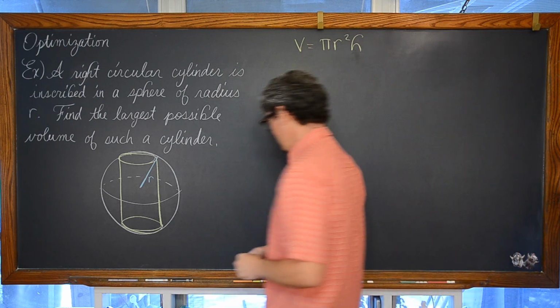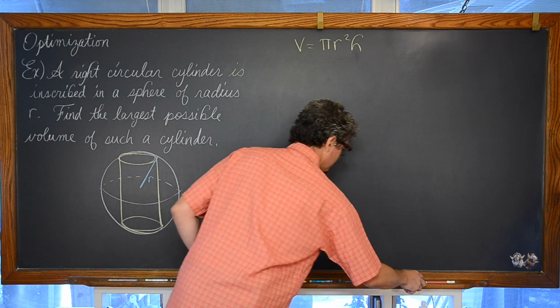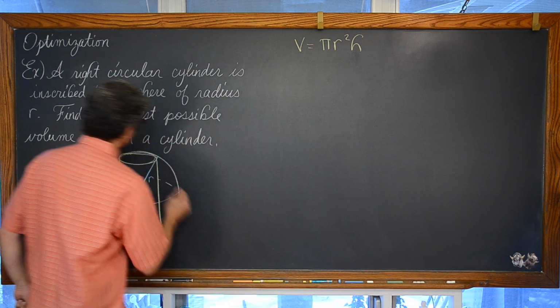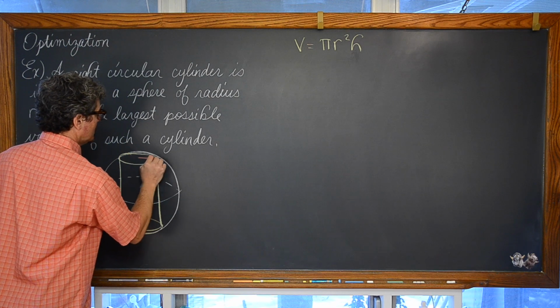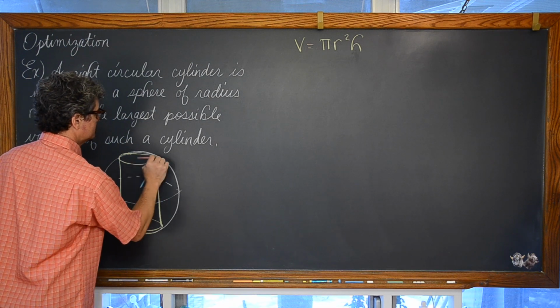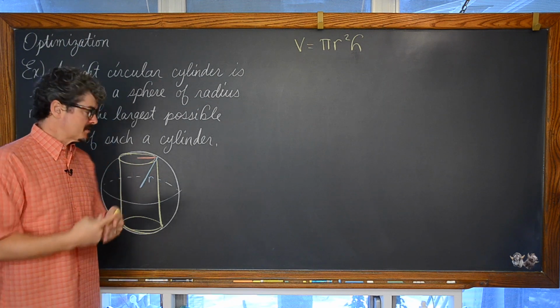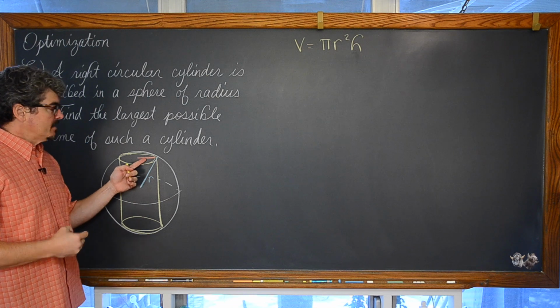Let's see, what color can I use? Green, maybe? Hopefully that shows up differently on the camera, or red. There we go, let's use red. Here is the r that is the radius of the right circular cylinder. I'm just going to call it a cylinder. And that radius is variable.